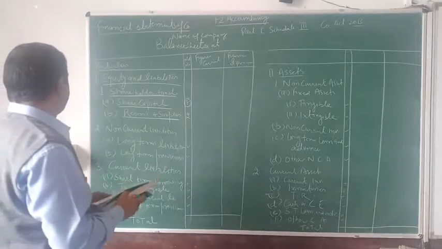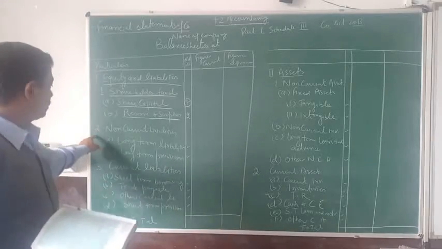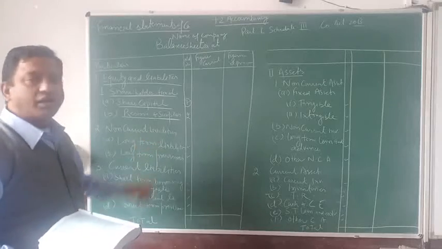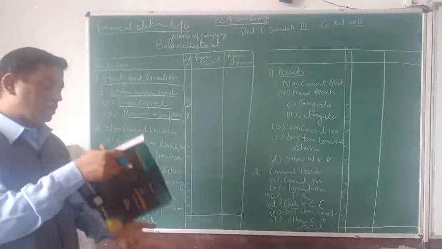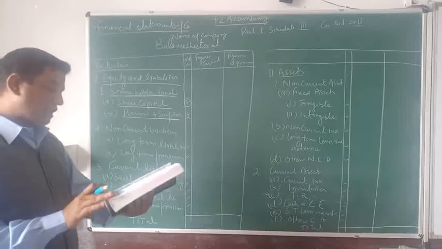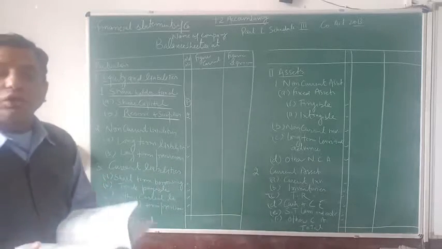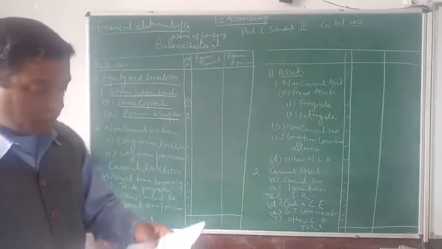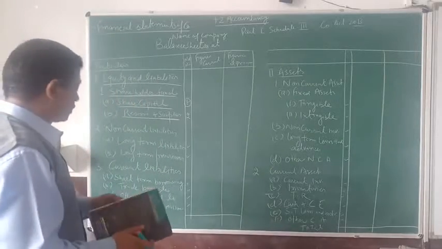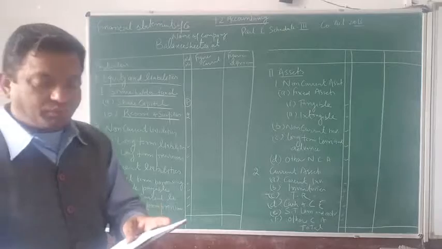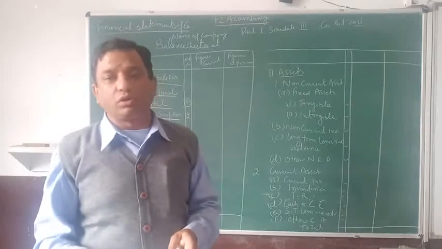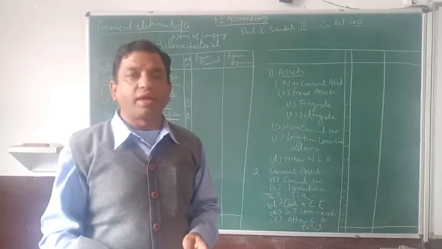The third item you will do, which I have categorized as number 2, is non-current liabilities, meaning long-term liabilities. All the liabilities which the company has to pay after more than 1 year will be non-current liabilities. Here there are basically 4 types, but 2 types you need not do because these will not be evaluated in the exam.